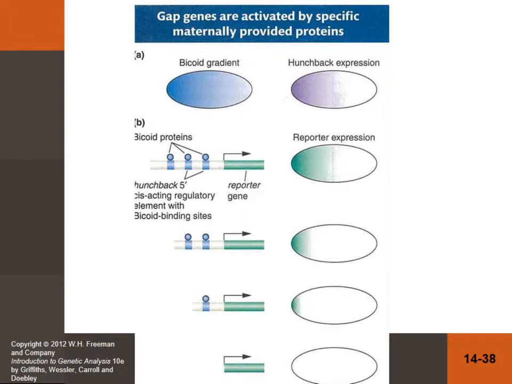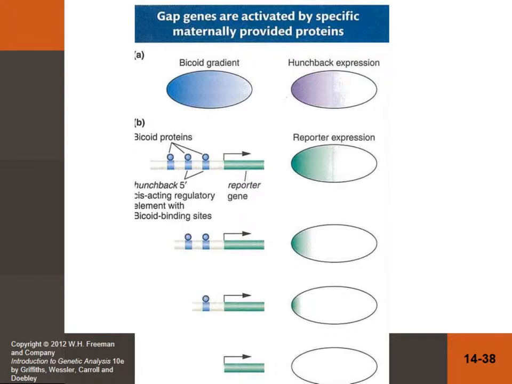Then in the image just below that, they deleted one of those bicoid protein binding sites, so that now only 2 proteins bind rather than 3. And to the right, you can see the expression has been restricted. That is the normal expression of the hunchback gene.